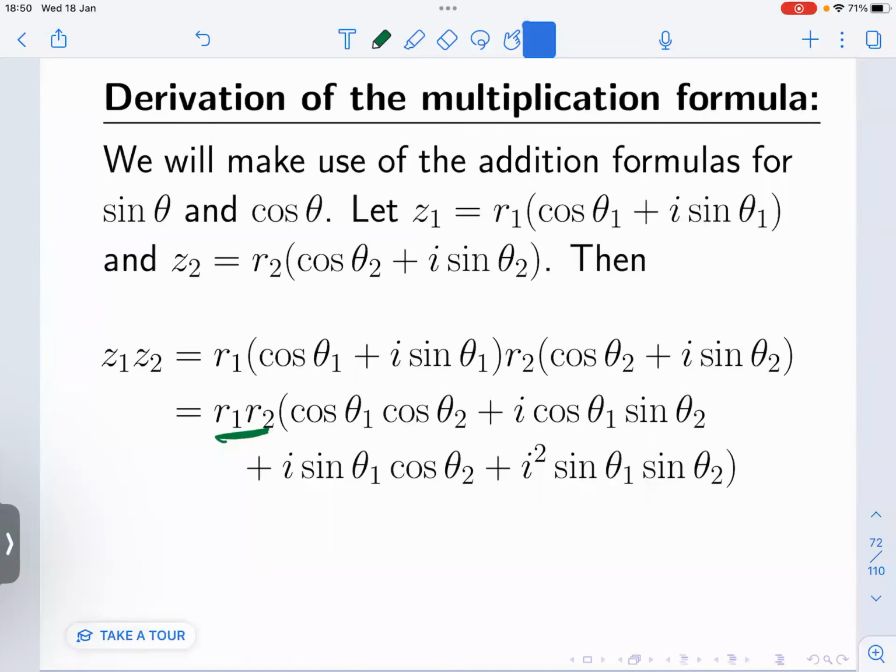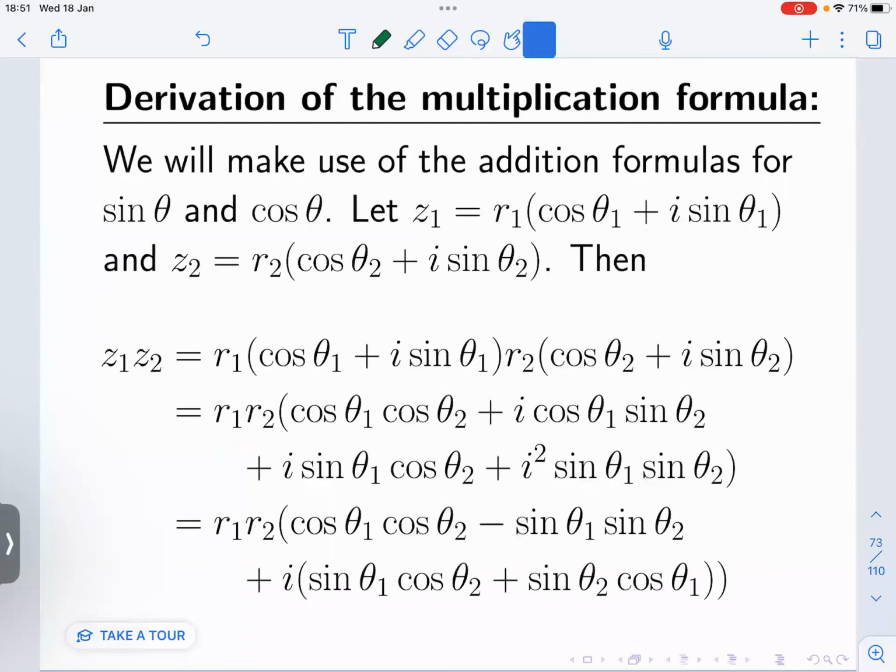When you expand that, we have cos theta 1 cos theta 2 plus i cos theta 1 sin theta 2 plus i sin theta 1 cos theta 2 plus i squared sin theta 1 sin theta 2. Remember, i squared is equal to -1. So when you substitute -1 where you see i squared, this becomes real.